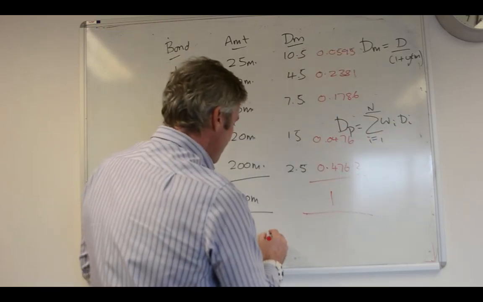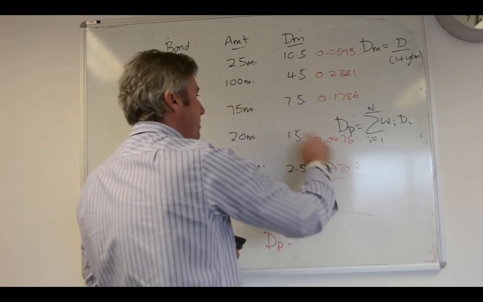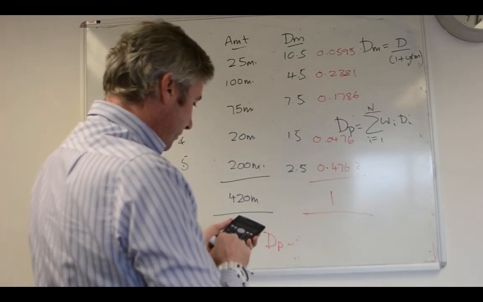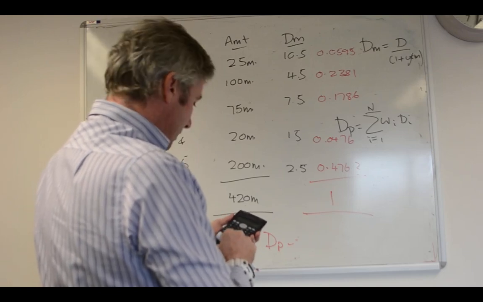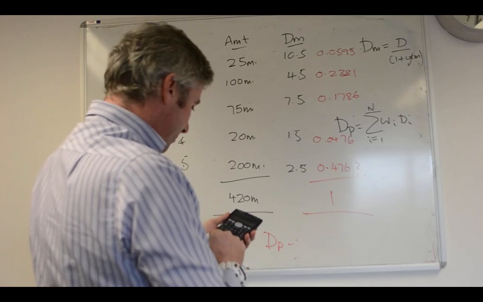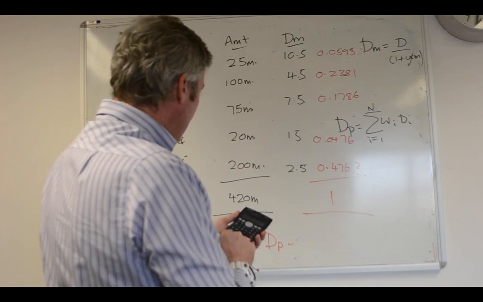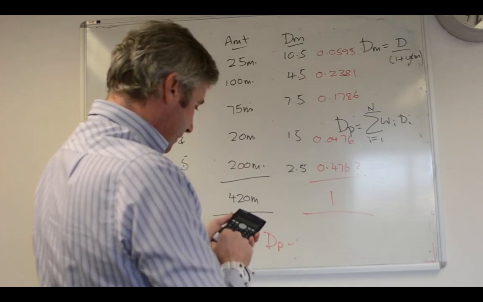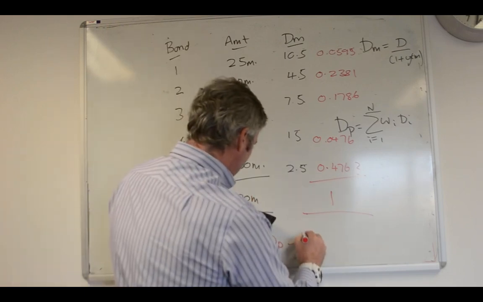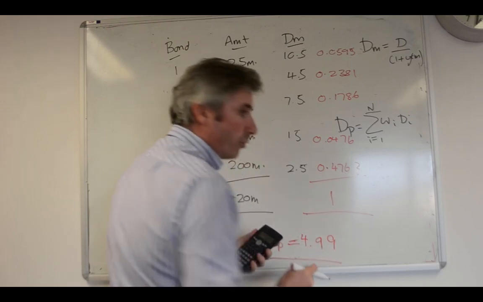So the duration of our portfolio, if I take this times this, this times this, this times this, this times this, and this times this, we'll get the answer. 0.0595 times 10.5 plus 0.2381 times 4.5 plus 0.1786 times 7.5 plus 0.0476 times 15 plus 0.4762 times 2.5 gives us an answer of 4.99 as the duration of our portfolio.